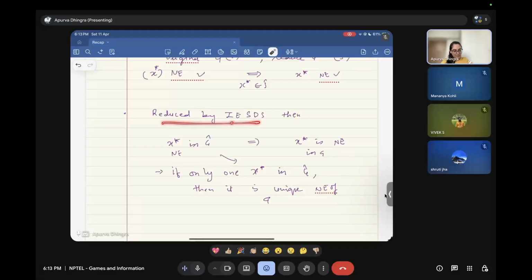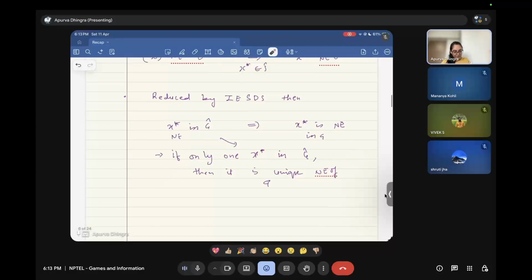So that's the same thing that this result says. If the reduction is by this process, then whatever we get in the reduced game will also be an equilibria of the original game. Meaning no equilibrias will get lost in the process of reducing the game by eliminating this way.